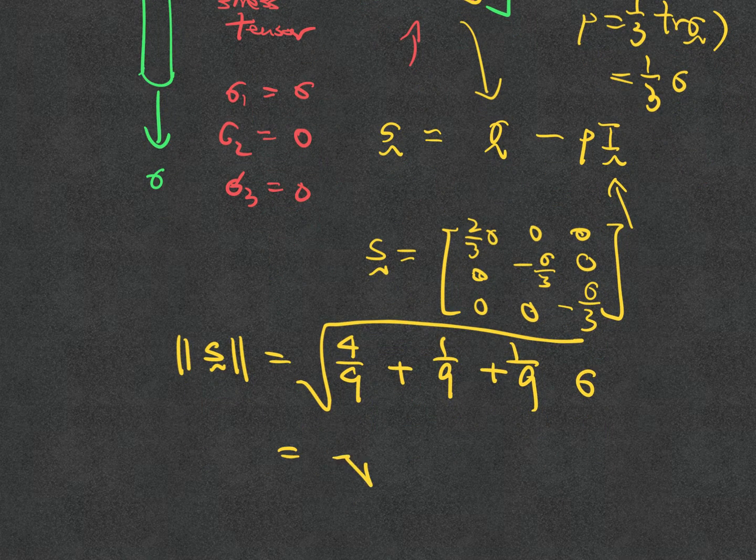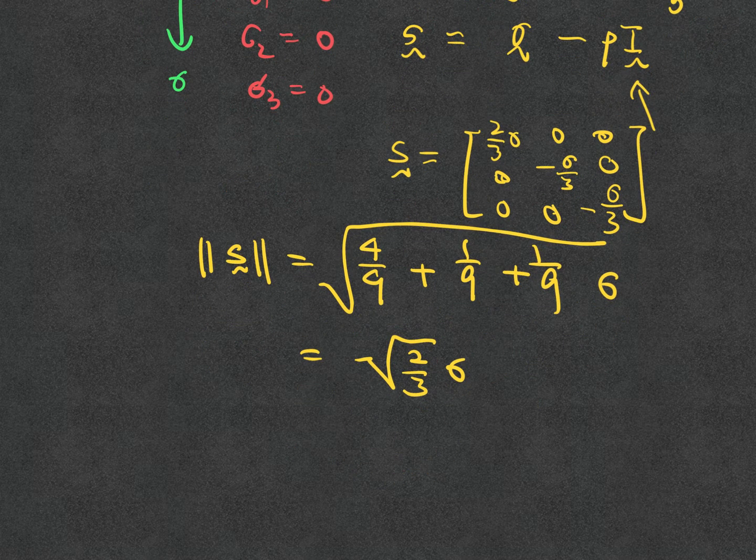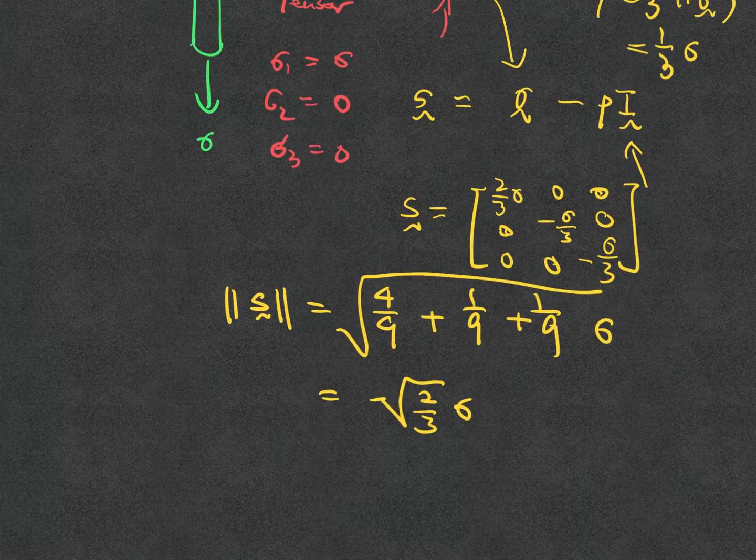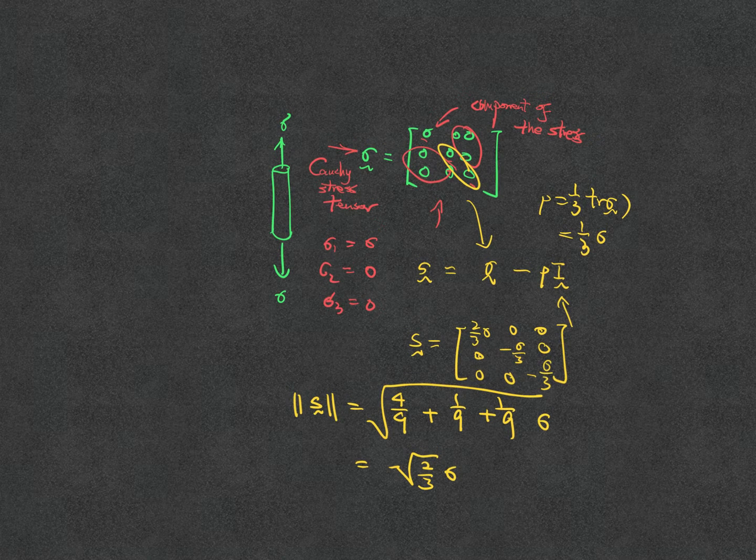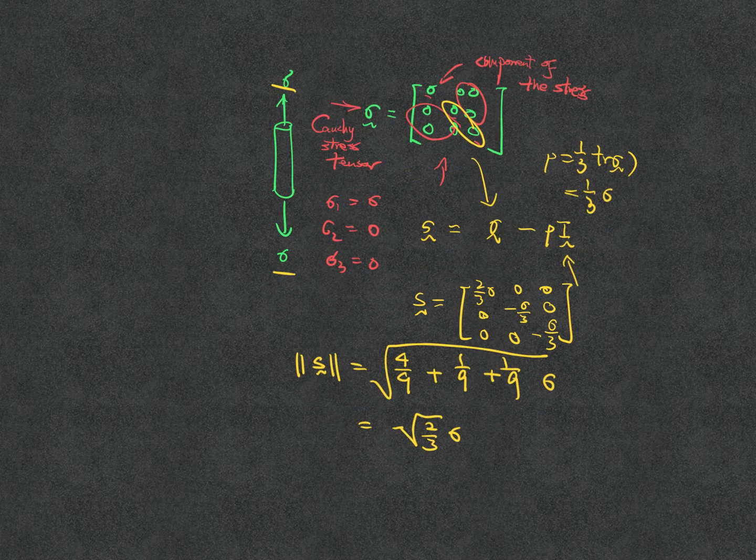And this equals 2 divided by 3 sigma. So what happened is that the mean stress originally used to determine the yield surface is equal to the prescribed stress in a uniaxial tensile test.